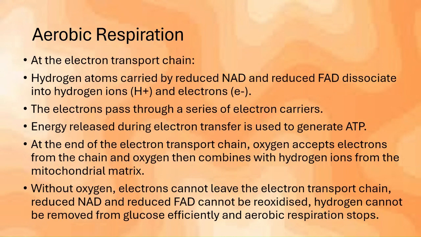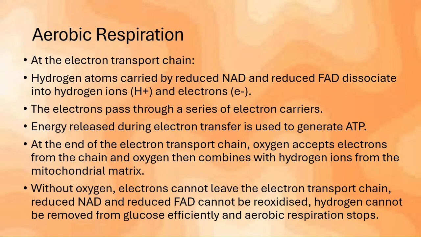At the electron transport chain, hydrogen atoms carried by reduced NAD and reduced FAD dissociate into hydrogen ions and electrons. The electrons pass through a series of electron carriers. Energy released during electron transfer is used to generate ATP. At the end of the electron transport chain, oxygen accepts electrons from the chain, and oxygen then combines with hydrogen ions from the mitochondrial matrix.